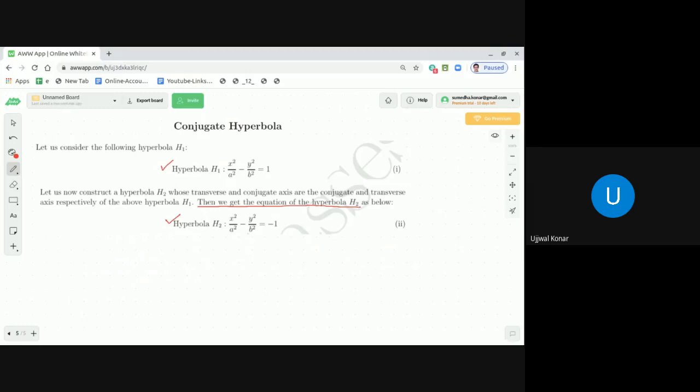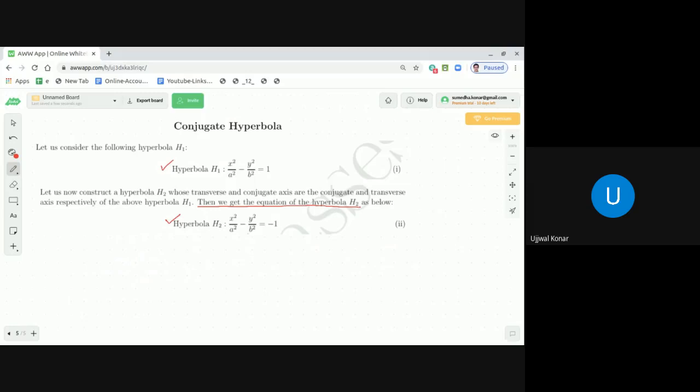So what is the summary of this? Suppose an equation of a hyperbola like x square by a square minus y square by b square equal to 1 is given to you. As it is given, we know what the transverse axis and the conjugate axis are. Now we are going to construct another hyperbola whose transverse axis is the conjugate axis of the hyperbola H1, and whose conjugate axis is the transverse axis of the hyperbola H1.